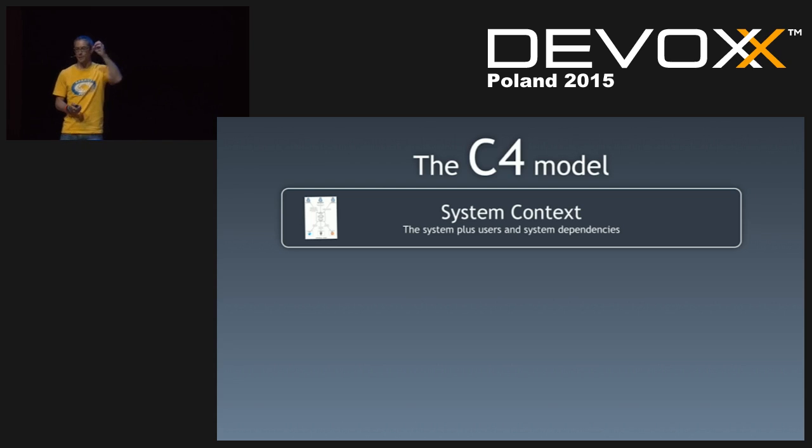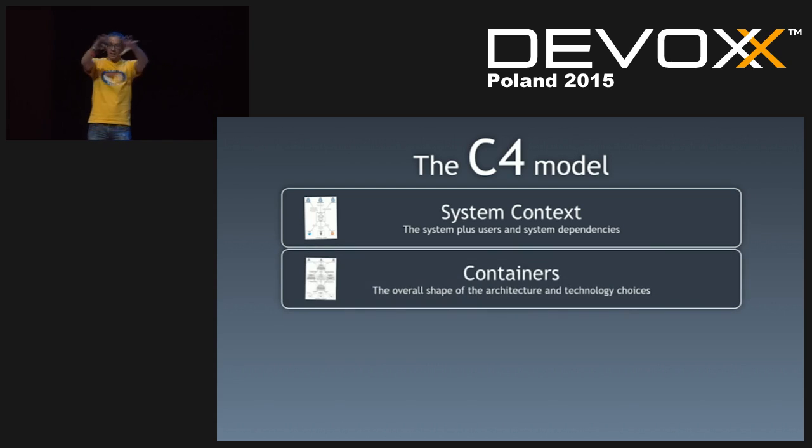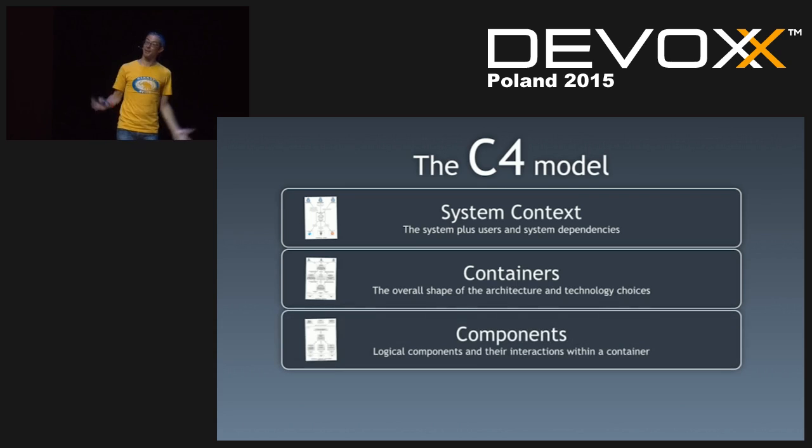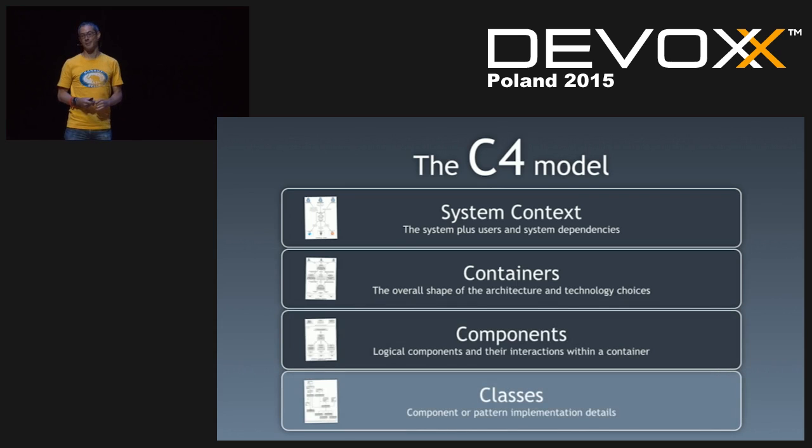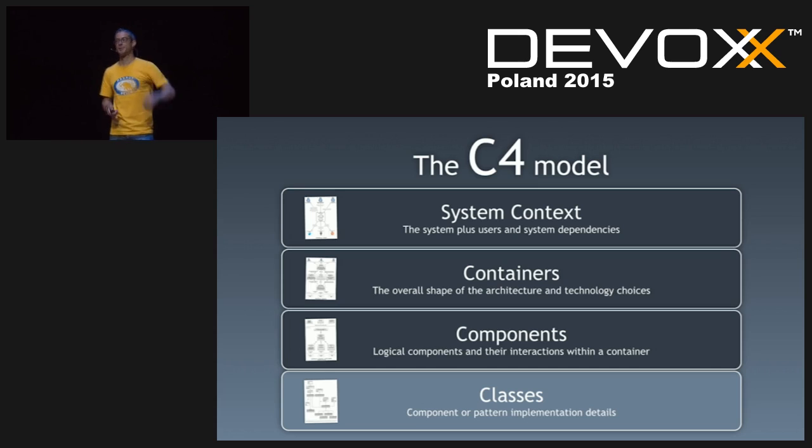We take the system, we pinch to zoom, and we get to a diagram showing all the containers. In other words, this is the mobile app talking JSON to a web app talking JDBC to a database, for example. We then pinch zoom into a particular container, show the components inside it, and if we really, really want to get down to that nitty-gritty detail, we can draw some class diagrams. So again, we've got some nice simple diagrams here to represent those common set of abstractions.